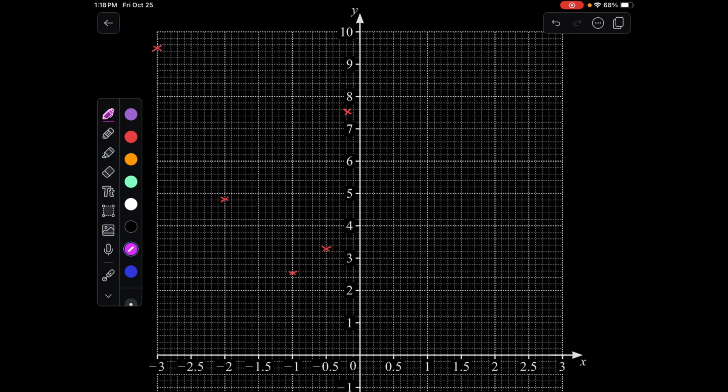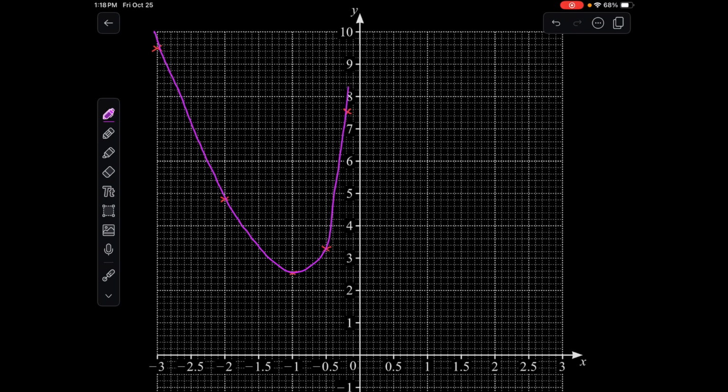Now draw a smooth curve passing through these points. Remember, the easy way to draw a smooth curve is not to lift your pencil. You're going to get a perfectly smooth curve if you don't lift your pencil up.